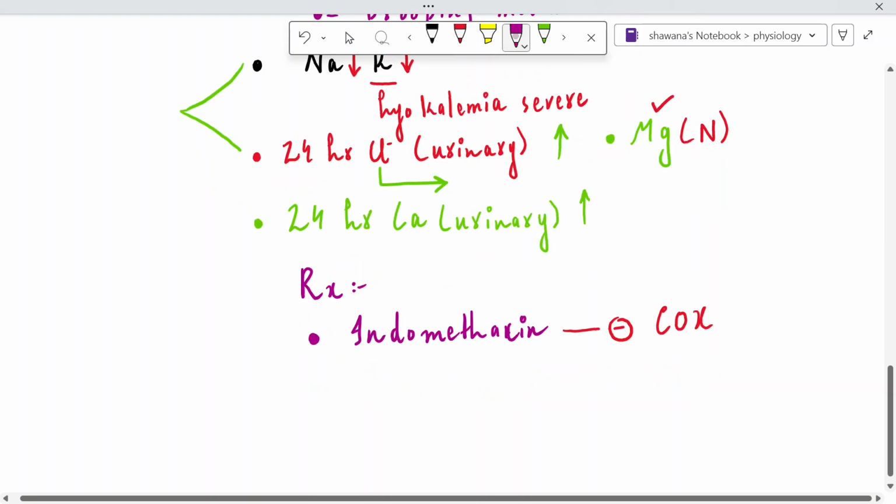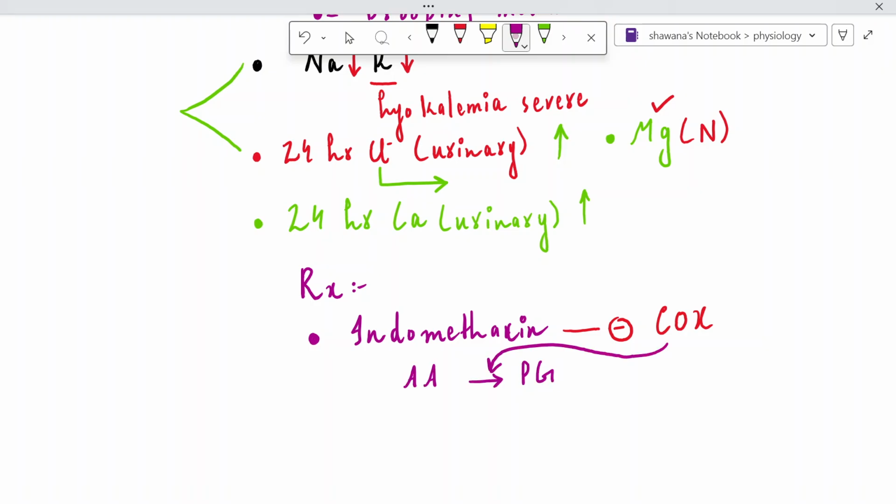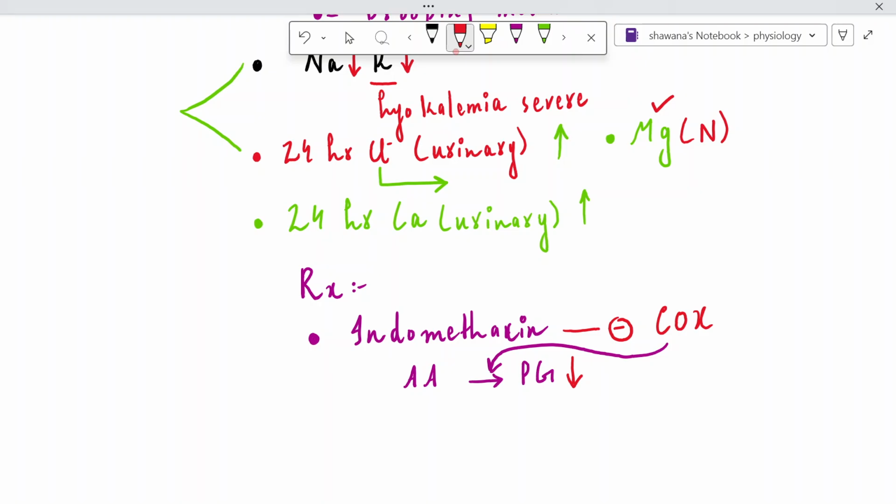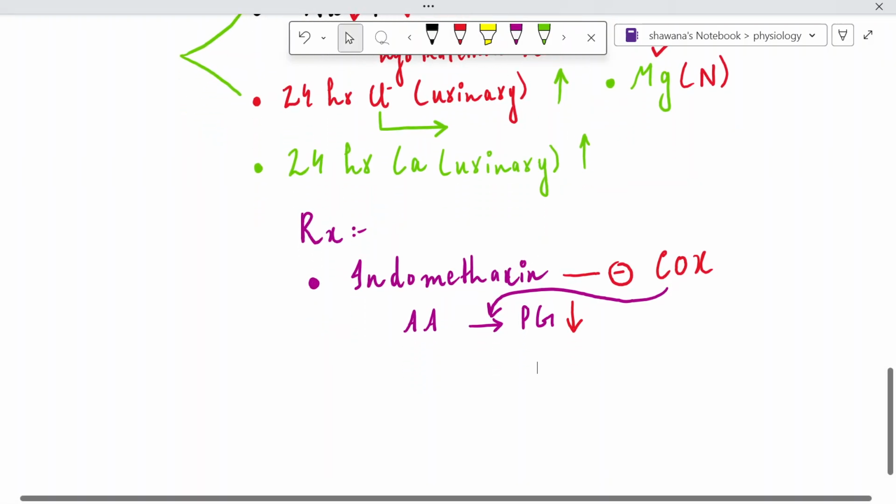You know that prostaglandin is produced from arachidonic acid by the effect of cyclooxygenase, and when this cyclooxygenase is inhibited, prostaglandin levels will fall, and it is used to treat the antenatal Bartter syndrome, i.e. the prostaglandin E syndrome. The indomethacin is not a proper cure for the disease, but we can say that it is used to reduce the severity of the symptoms as far as Bartter syndrome is concerned.